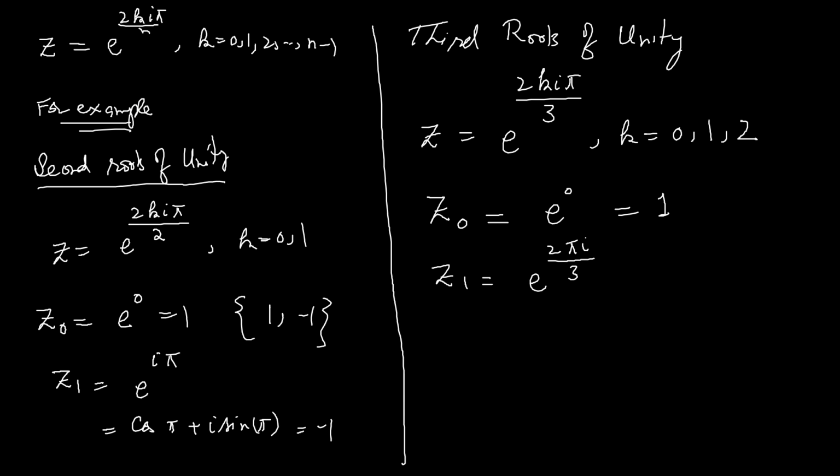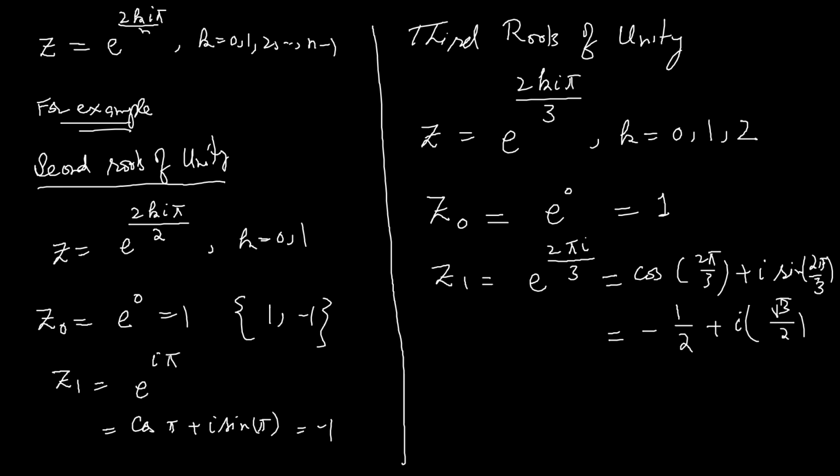The angle 2π by 3 is 120 degrees. So we can write it as cos 2π by 3 plus ι sine 2π by 3. Cos 2π by 3 is minus 1 by 2 and sine 2π by 3 is root 3 by 2. So this is equal to minus 1 by 2 times (1 minus ι root 3).